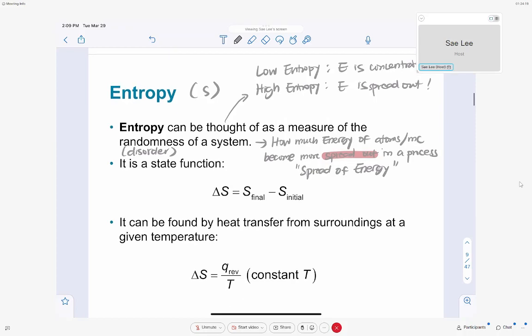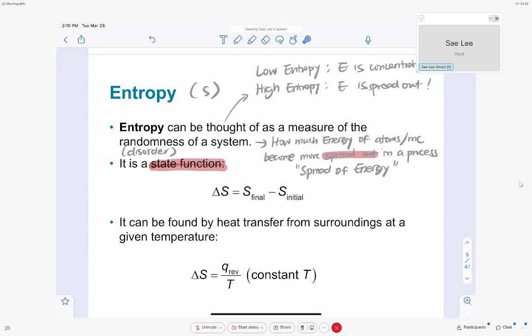And entropy is a state function. Okay, what is a state function? I'm not sure if you can recall what a state function is from General Chemistry 1, but a state function is a type of property that doesn't depend on the path that the system took to reach the current state, the final state. Okay, so entropy is a state function.